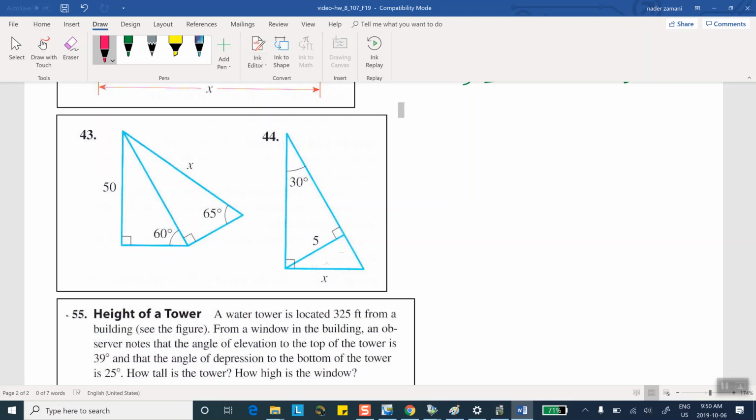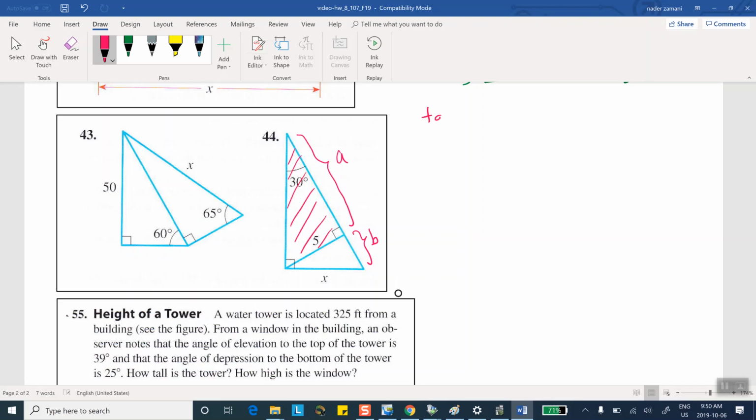For example, let me call this A, and let me call this thing B. So first of all, I'm going to find for you what A is. From this triangle, we can do that.